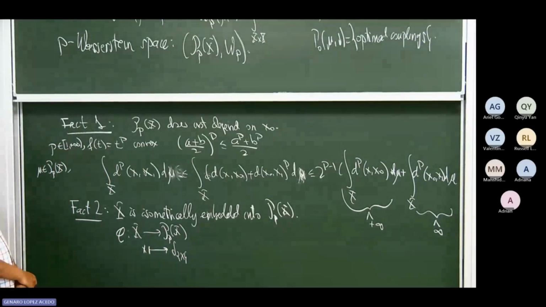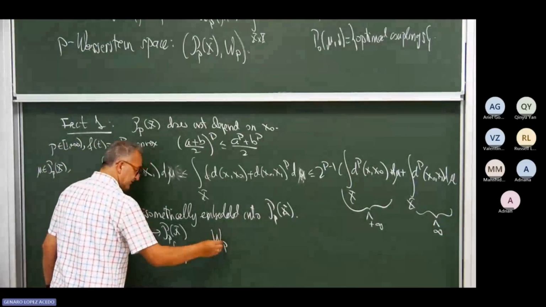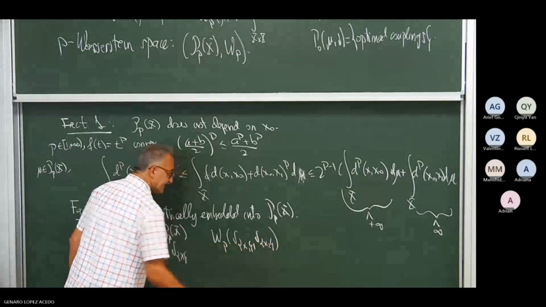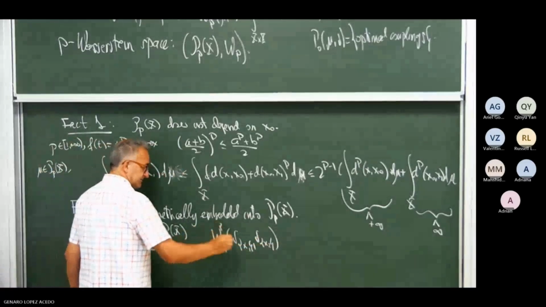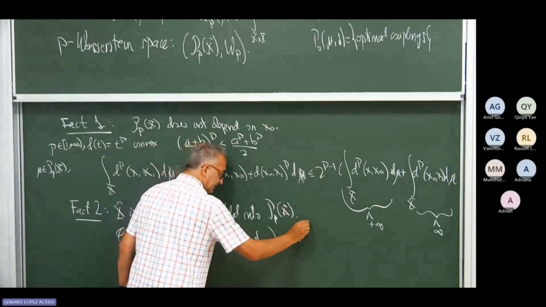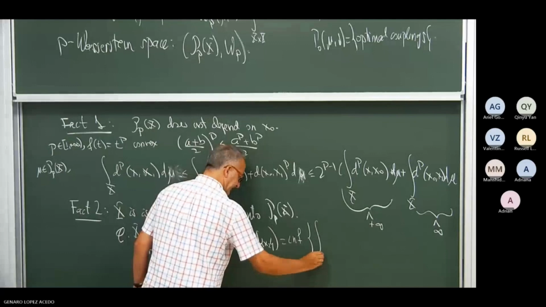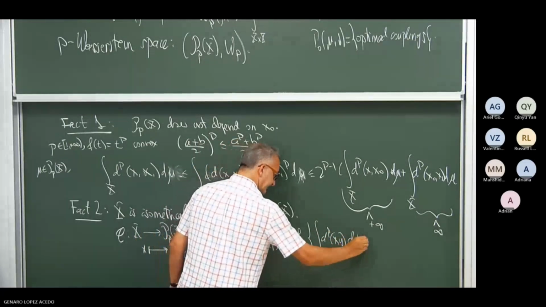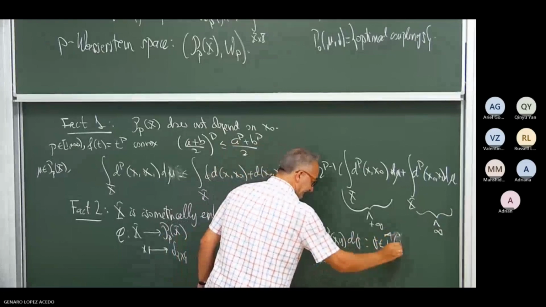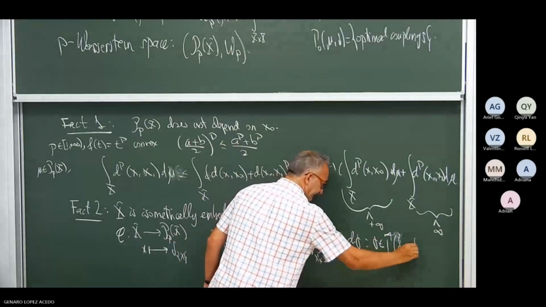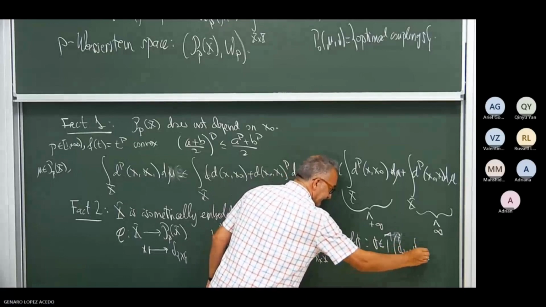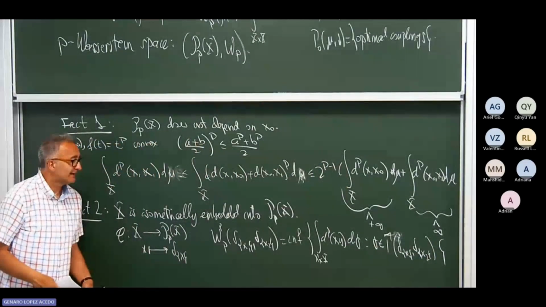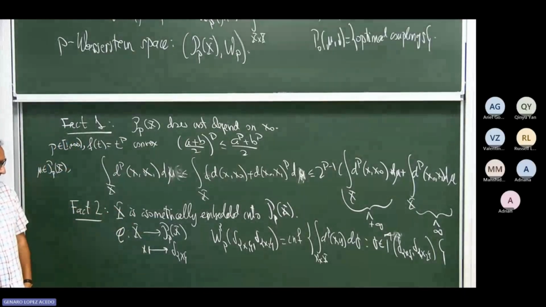And if we want to find this value, we will have to do the infimum over the couplings, knowing that there are elements in capital Gamma that attain the infimum, the minimum.